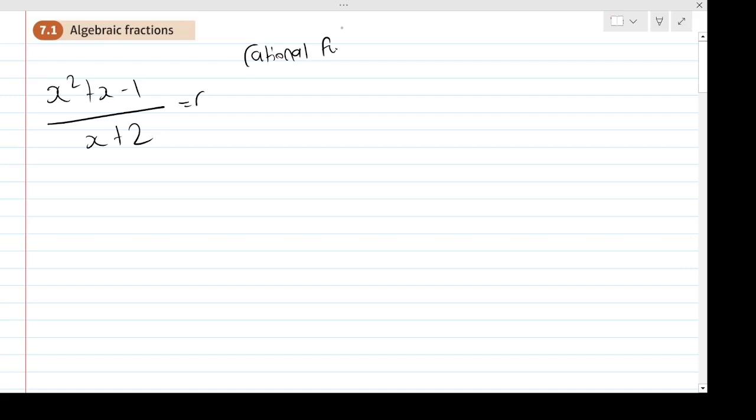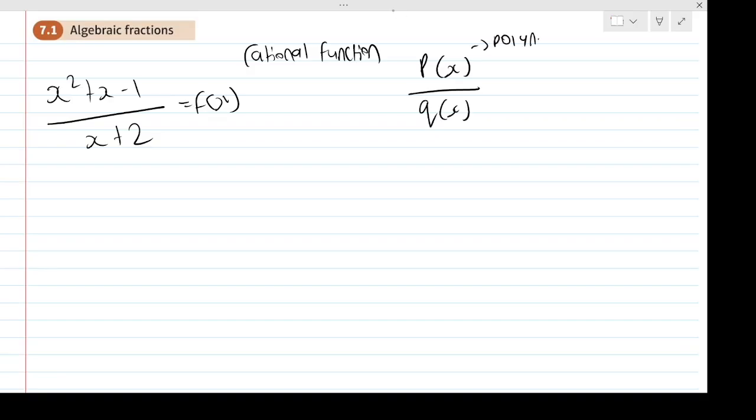Well, obviously, if we called that f of x, it would be a function, right? So that'd be a rational function there. So a rational function or rational expression is simply a polynomial of x on both the top and the bottom. So p of x over q of x, where they're both polynomials of x.